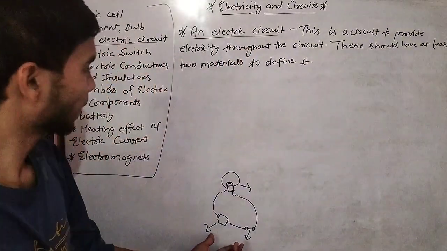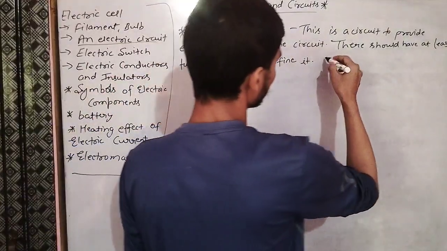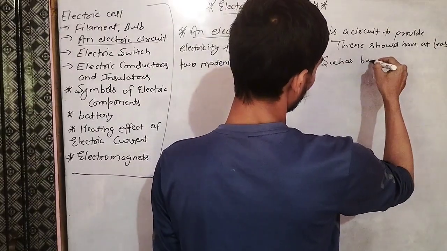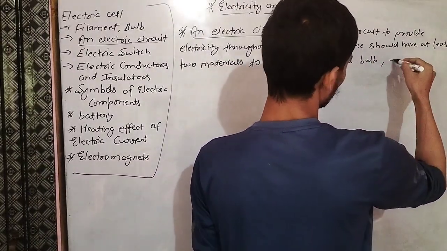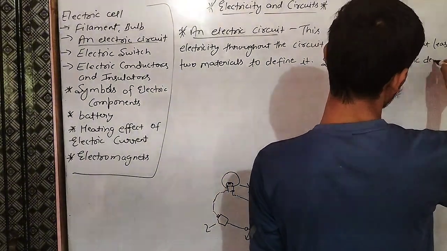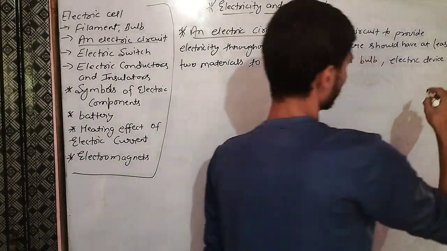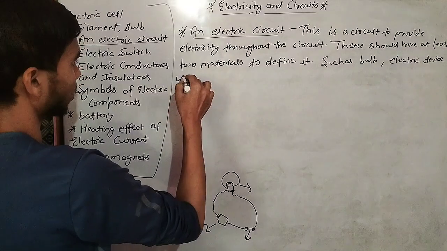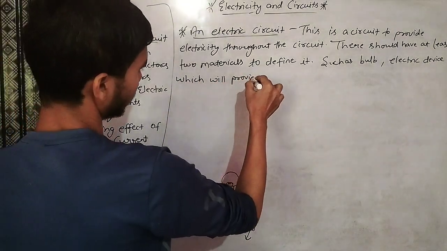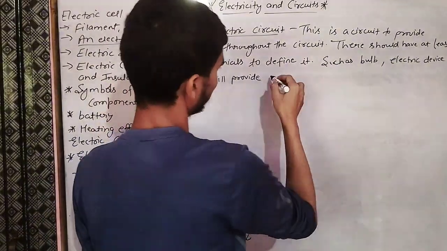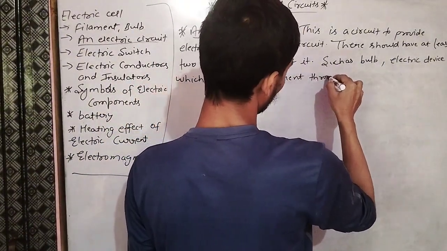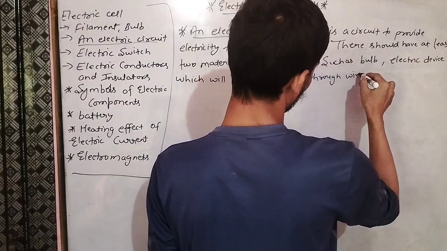Clear? Such as a bulb, an electric device, which will provide current through wire.